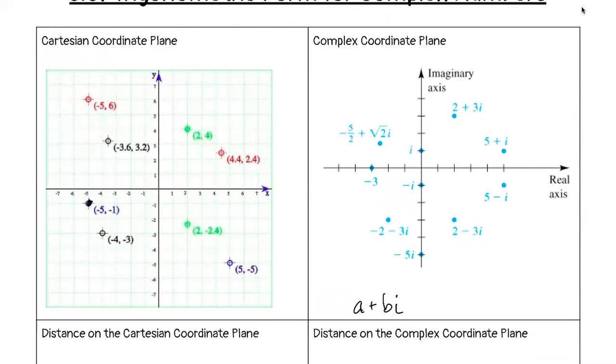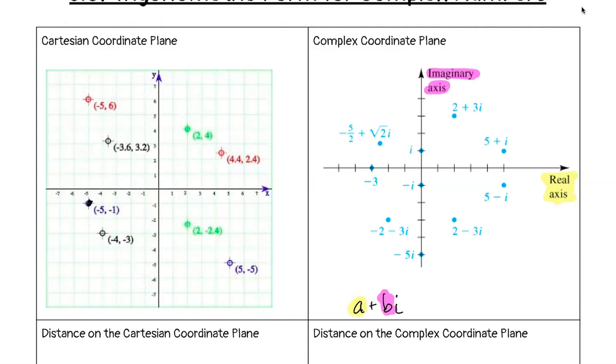And the a is the real part. So whatever number does not have the i, that's the number that we plot side to side. And then b is the number that is the coefficient for i, and that gets plotted along the imaginary axis.